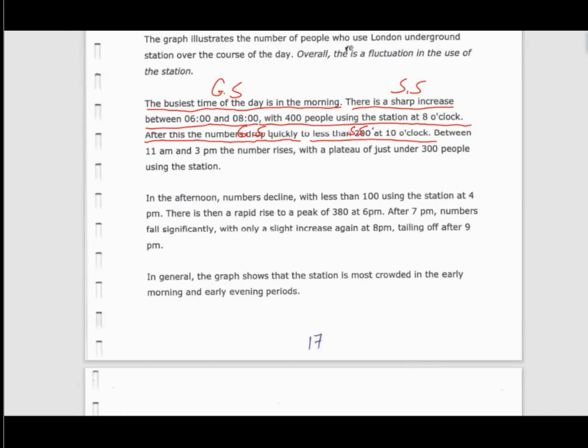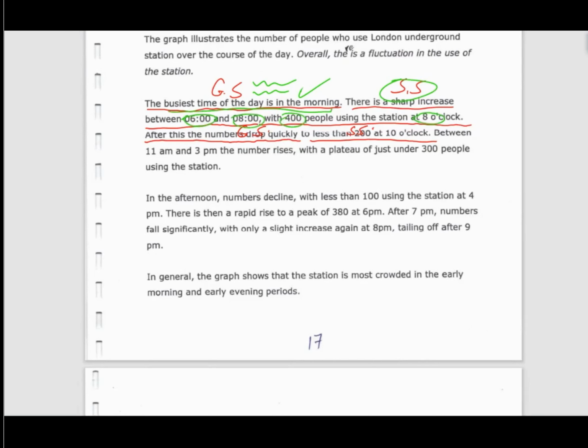What I mean here is when you start your body, you should start with a general sentence, not a specific sentence. And the general sentence, like here, has no details, no numbers. See? In the specific sentence, you mention the details and numbers.